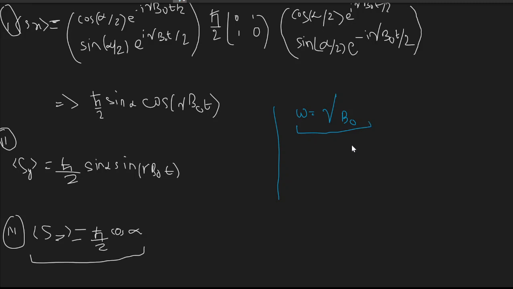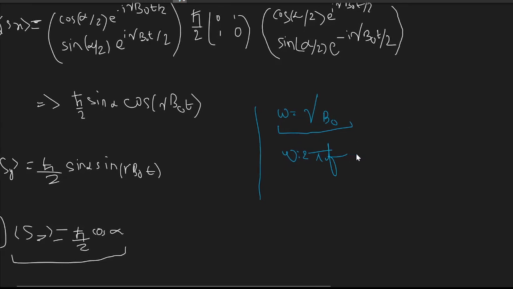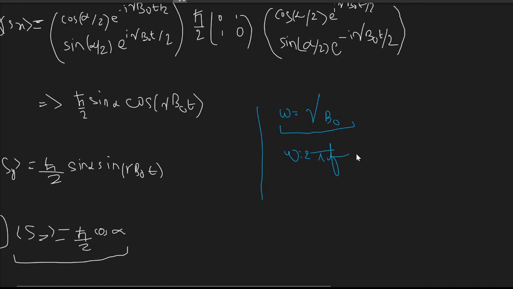And using this formula, which is omega is 2 pi into frequency. Omega means the angular frequency is equal to 2 pi into the frequency. You will calculate the frequency for this precession. This is the angular frequency.